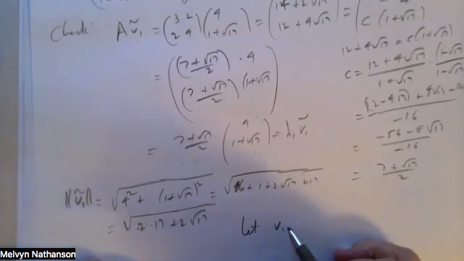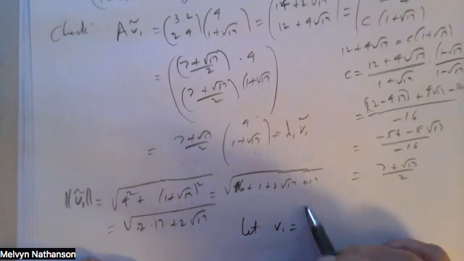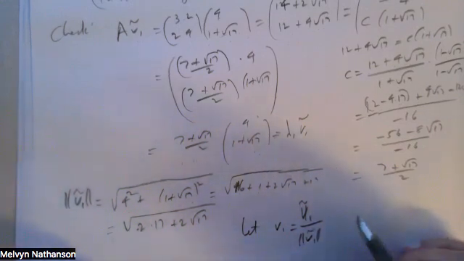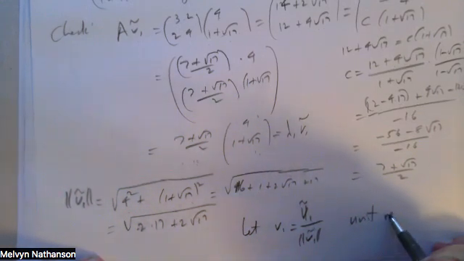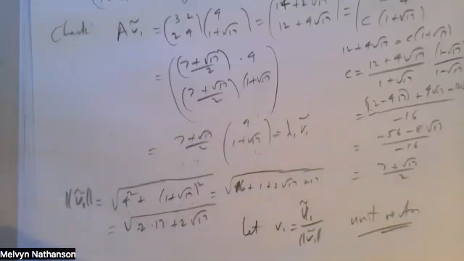So if I let v1 be equal to this vector v1 tilde divided by the length of v1 tilde, this is now a unit vector. So we just found one eigenvector for this linear transformation.